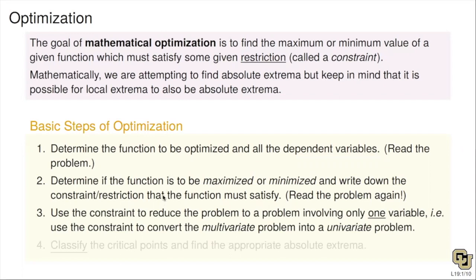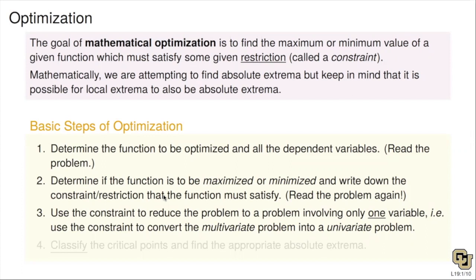And so the third step, once we've assembled our optimization problem, once we've found the function, determined whether we're trying to maximize it or minimize it, and written down the constraint, we can then use the constraint equation to start solving the problem. And the first step is to convert the problem from a multivariable problem to a one variable problem.